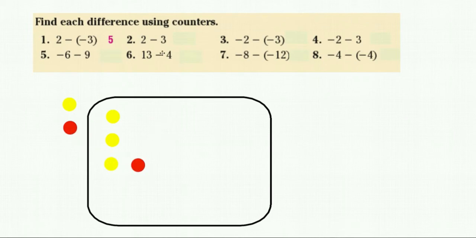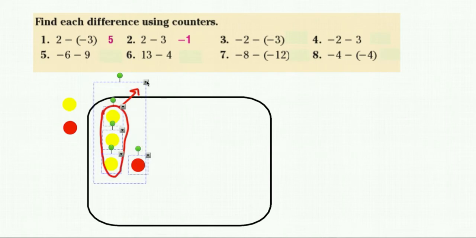If we take away these 3 positive counters, you end up with -1. So 2 minus 3 is equal to -1 using counters.